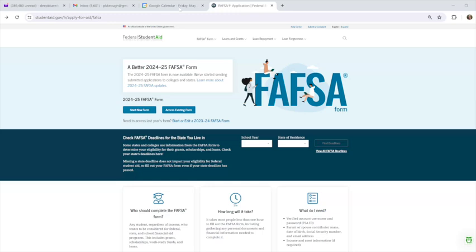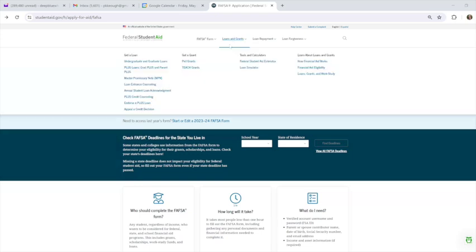So I'm going to share my screen. The first thing you need to do is log on to studentaid.gov. And you're going to get to this page. And then what you want to do is hover over loans and grants, and then go over to loan entrance counseling, and click on that.